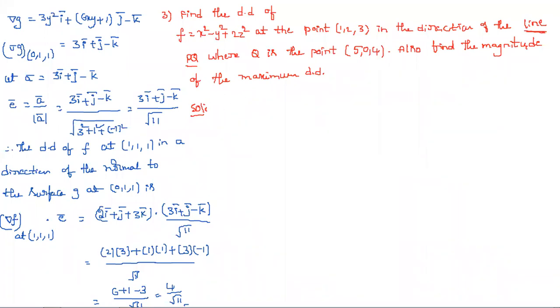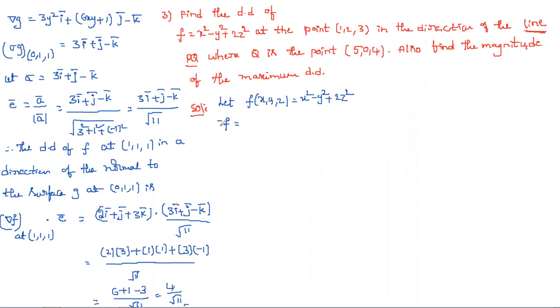Okay, so here it is. First, let the given function f of x, y, z be equal to x square minus y square plus 2z square. And now, what is the next step? Del f we need to calculate.